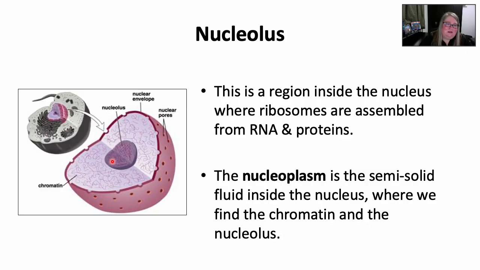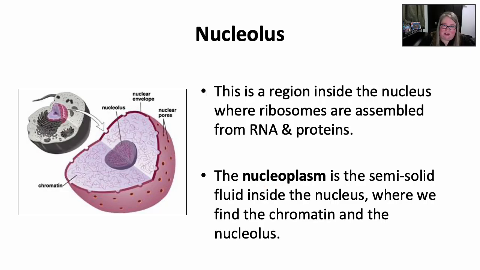So we have a specific type of RNA called ribosomal RNA, and we have different proteins that are going to build these ribosomes. Once the ribosomes are built in the nucleolus, we're going to ship them out through the nucleoplasm and through the nuclear envelope into the cytoplasm. So the nucleoplasm is the cytoplasm of the nucleus.